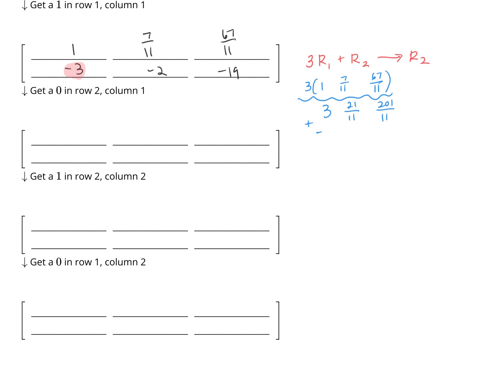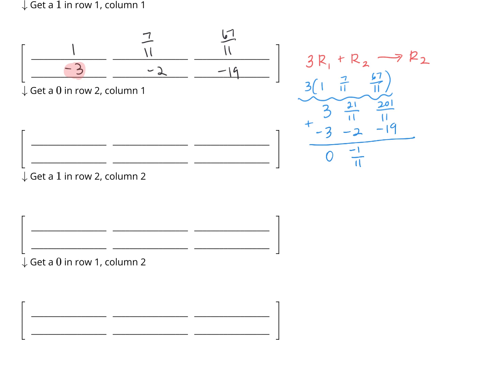Okay, so now I'm going to add row 2. So a negative 3, negative 2, negative 19. So we get 0, 21 over 11, minus 2. That's a negative 1 over 11. And so I'm just using the calculator to do this work for me instead of doing it by hand.